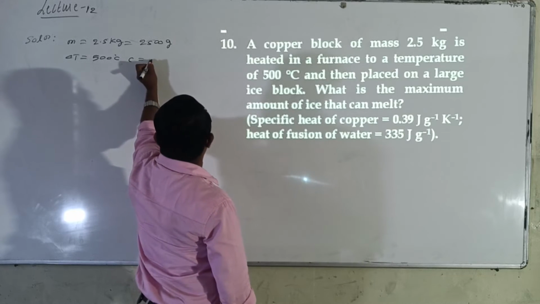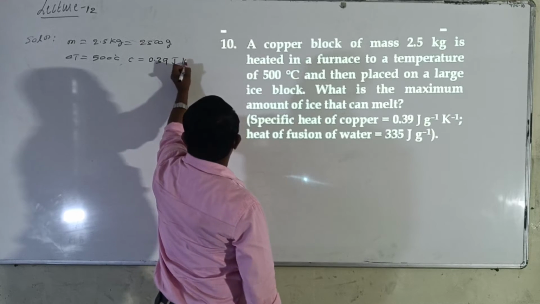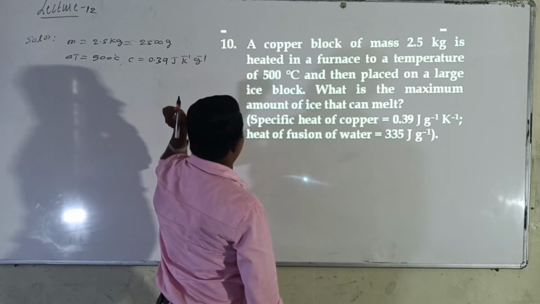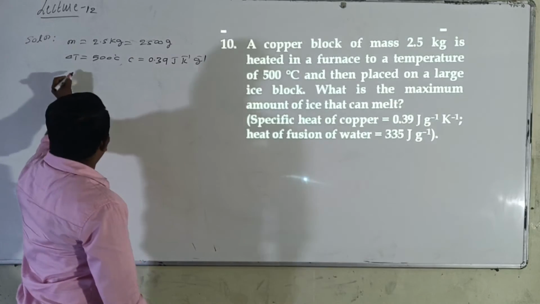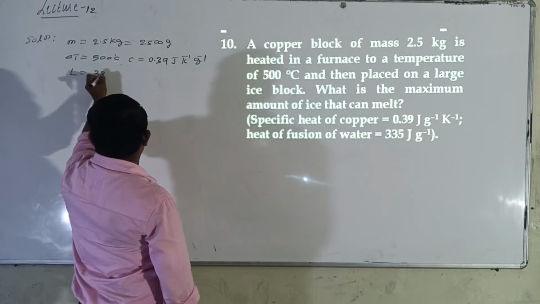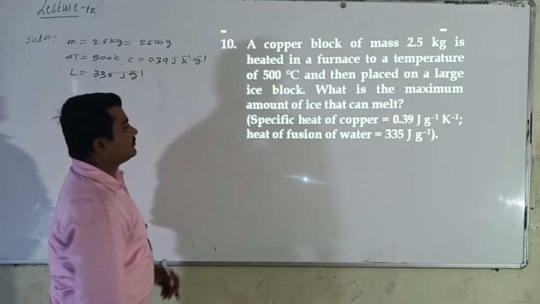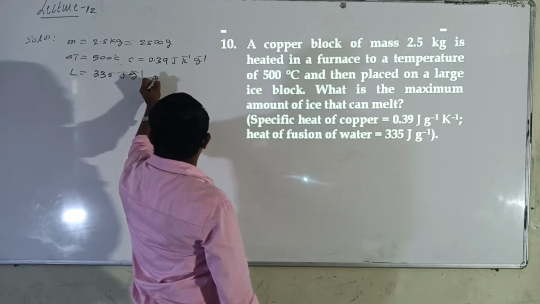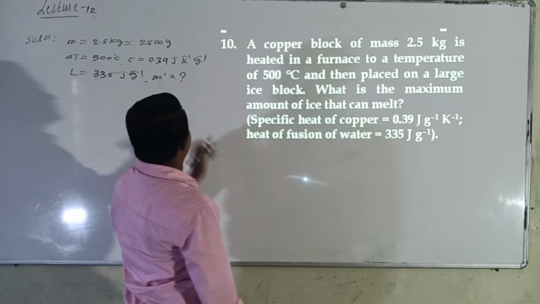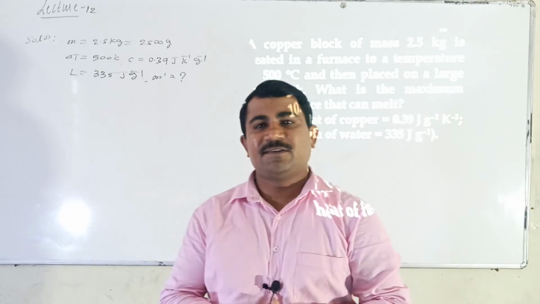How much? 0.39 joule per Kelvin per gram. And latent heat of water is given. How much latent heat? 335 joule per gram. I need the amount of mass melted. Right?